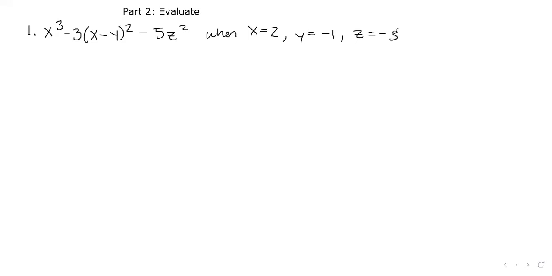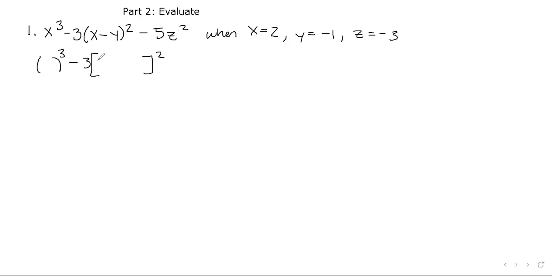Now, it is my recommendation, the easiest way to do evaluating is to rewrite the problem and plug in those values. So I'm going to show you how I do that. I'm going to leave a space for the x. When I have parentheses, I turn those into brackets.